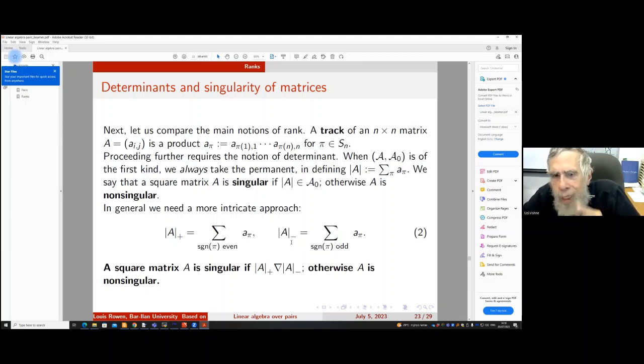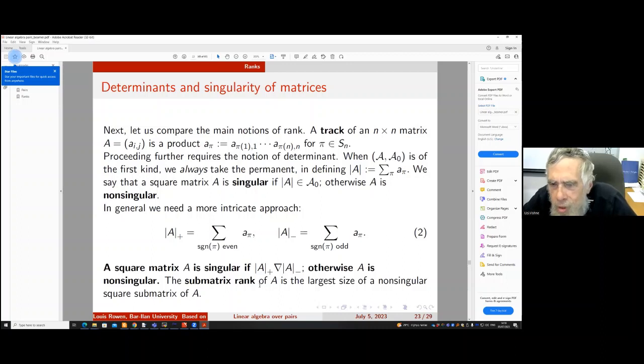But you can't take the plus part minus the negative part because you don't have negation. So we'll say that a matrix is singular if and only if the plus part balances the negative part, according to the definition I gave on the last slide. And otherwise, A is non-singular. So this gives you a notion of singularity of matrices. And the submatrix rank is the largest size of a non-singular square submatrix.